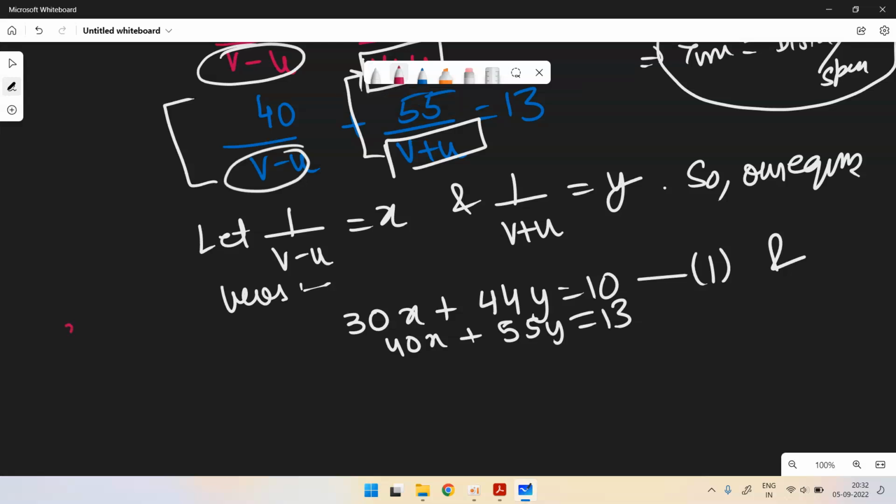If you take the LCM of 30 and 40, dividing by 10 gives 3 and 4, and 3 times 4 times 10 is 120. 120 is the LCM.